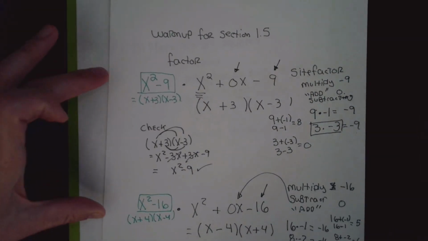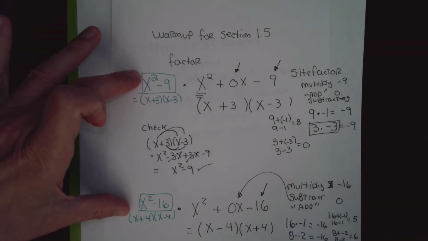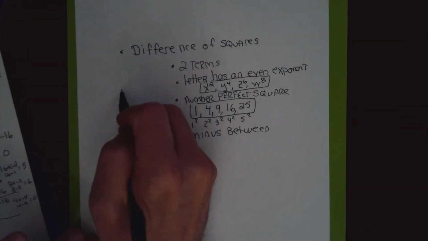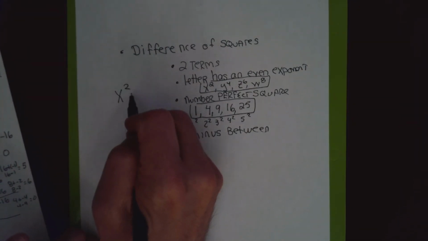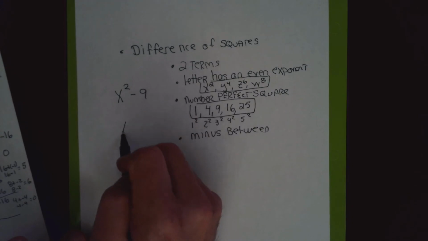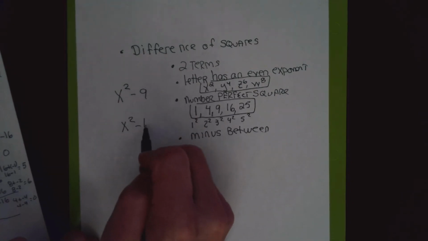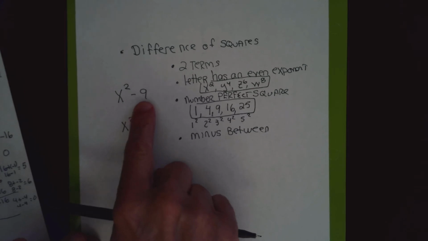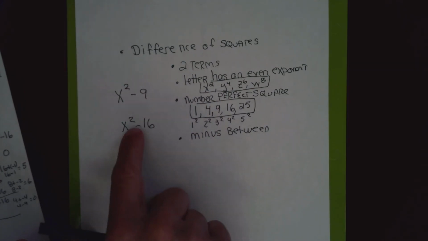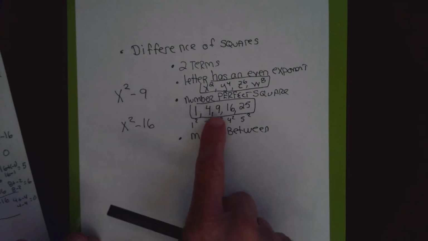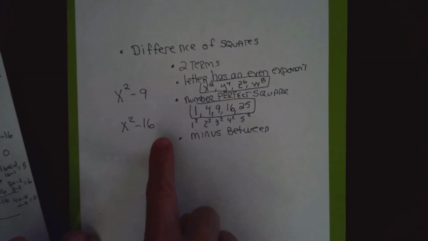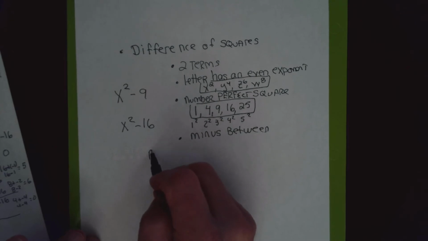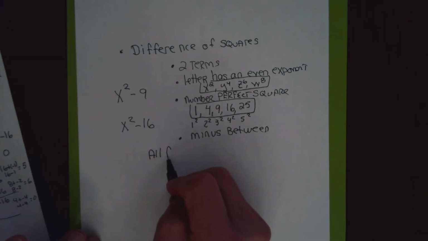The two simplified versions of the problems that I wrote before I jumped into this section, the x squared minus 9 and the x squared minus 16, fit these perfectly. There's two terms. When I get rid of the 0, the exponents are 2, which is an even number, and the numbers are perfect squares. These all factor, and they're super easy to factor. They all factor the same way.